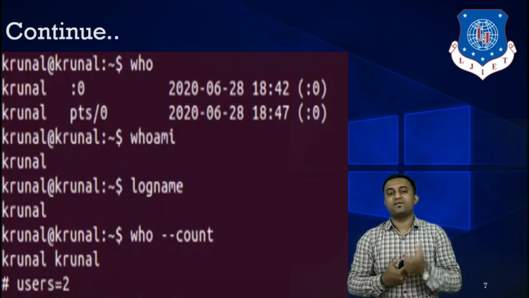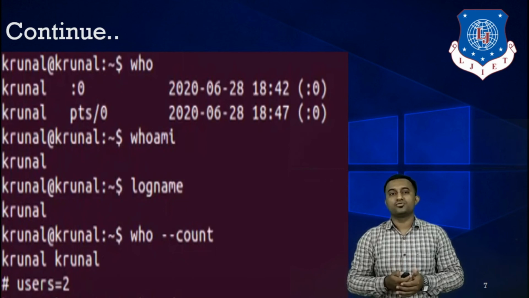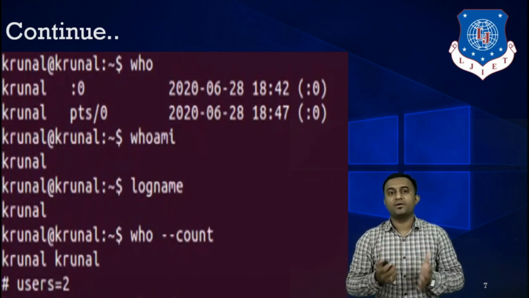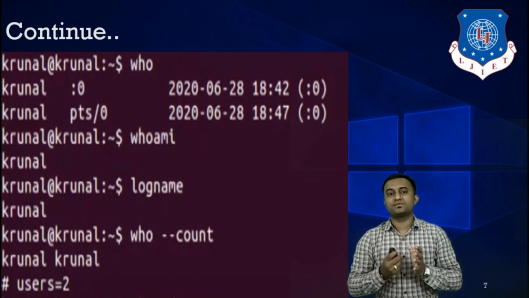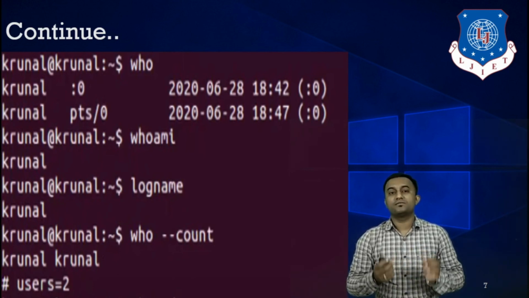Who space hyphen hyphen count, through which you can count the number of users logged in right now. Okay, so this is all about the remaining Linux commands, in which we have discussed the calendar command, the date command and the who command, with its various options.